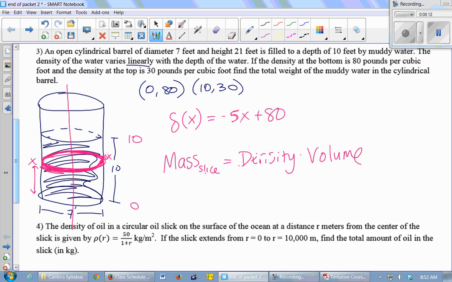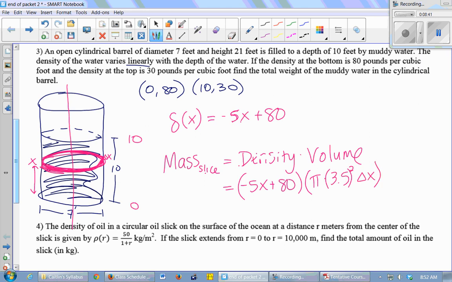Okay, so my density is given by this formula, negative 5x plus 80. And then the volume of that disk would be pi times, what's the radius of that disk? 3.5, because that radius is constant, times delta x.